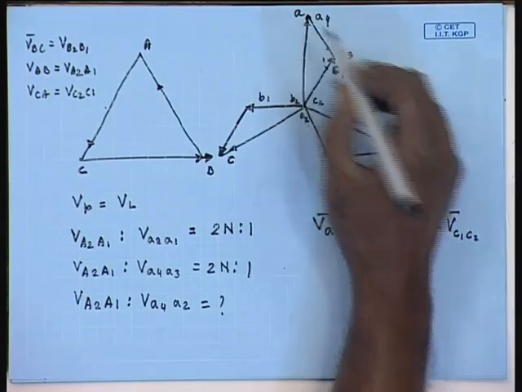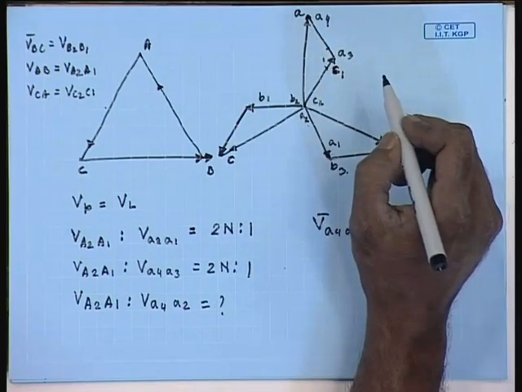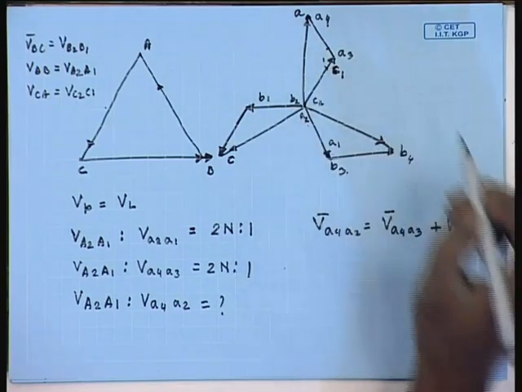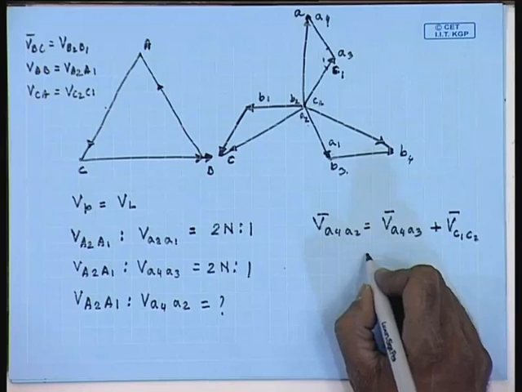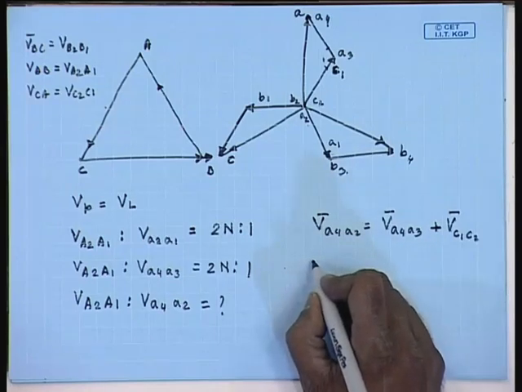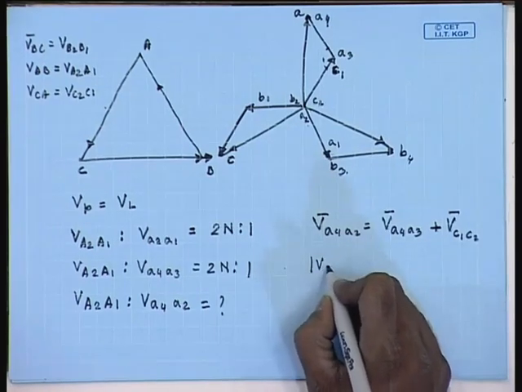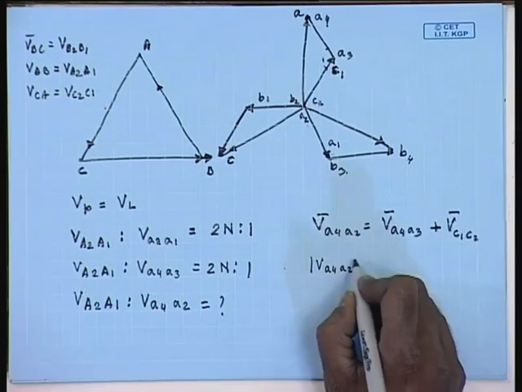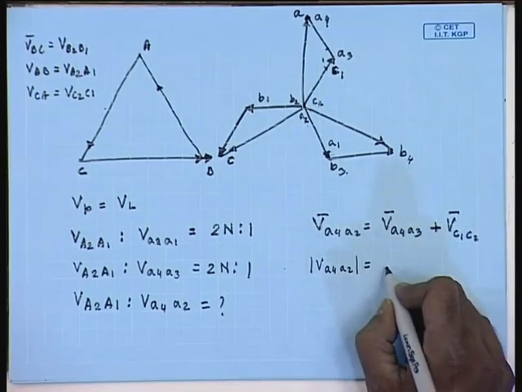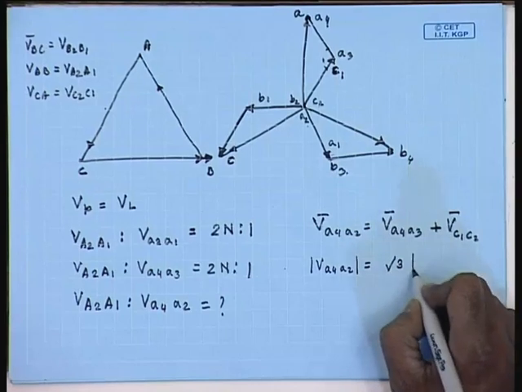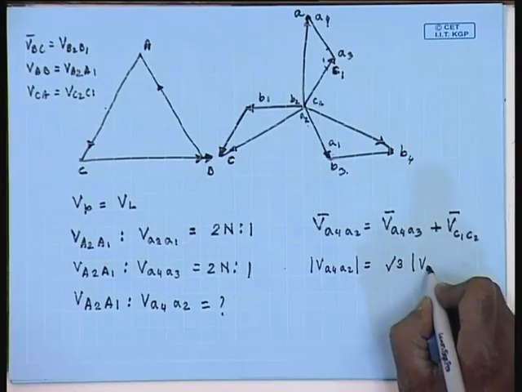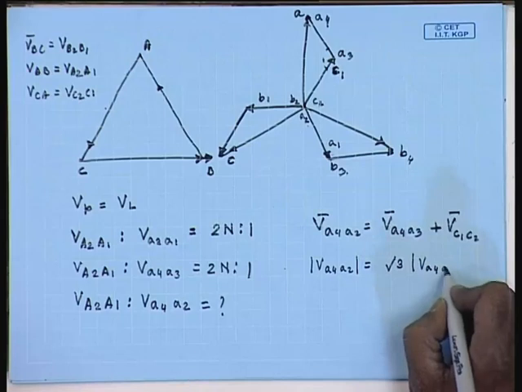So, this amplitude is equal to, so mod V A4 A2 equal to root 3 times mod V A4 A3.